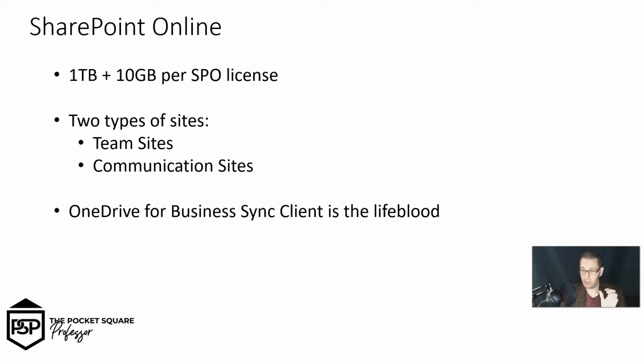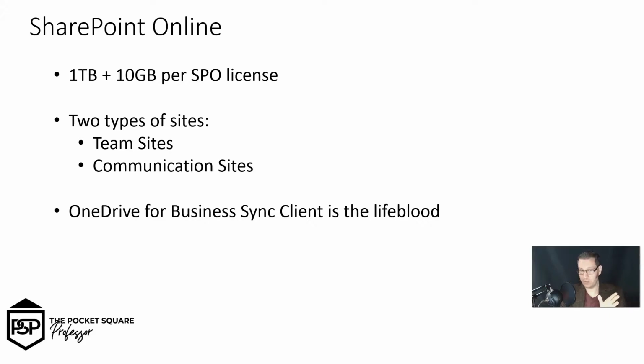So we could synchronize those document libraries with the OneDrive for Business sync client, which allows us to work in a native Windows File Explorer experience. We can get our department shares and everything just as we did before. That's the purpose of the OneDrive for Business sync client. So this allows us to have a more native type experience and a more easily adopted user experience. So the OneDrive for Business client is just as important for OneDrive as it is for SharePoint. And again, we're going to look at that over time, how easy it is, really.